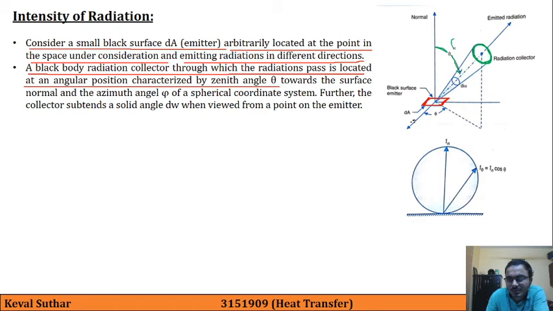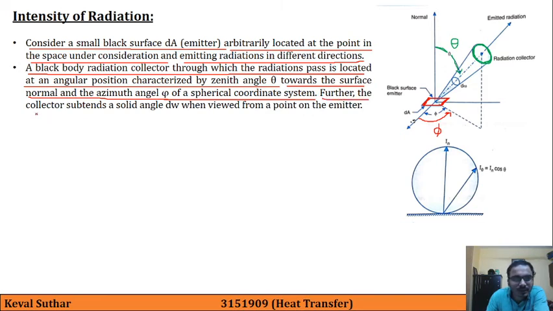So this is the zenith angle theta towards the surface normal, and azimuth angle phi, that is over here. So this is the azimuth angle phi of a spherical coordinate system.